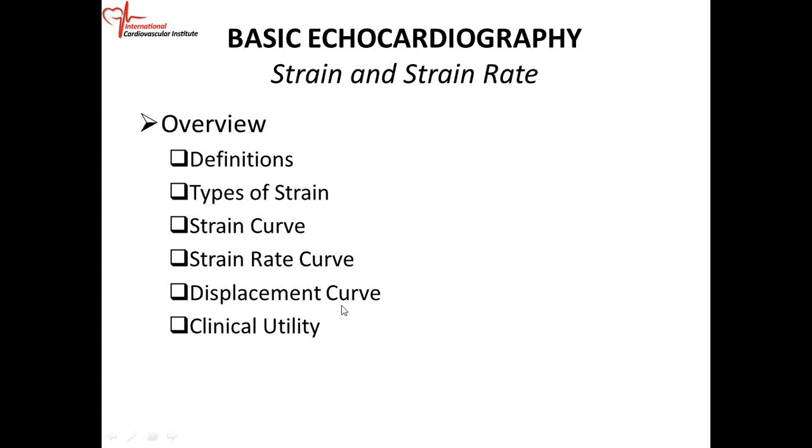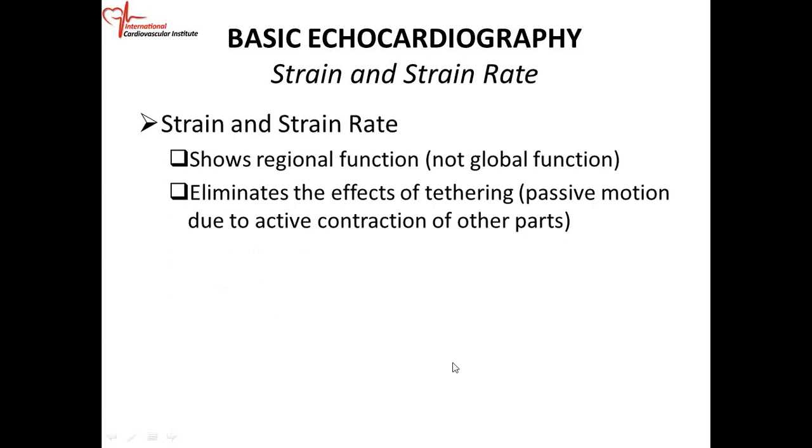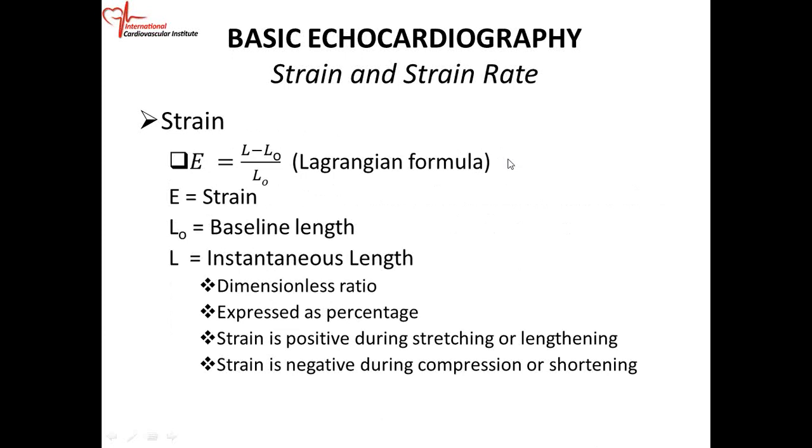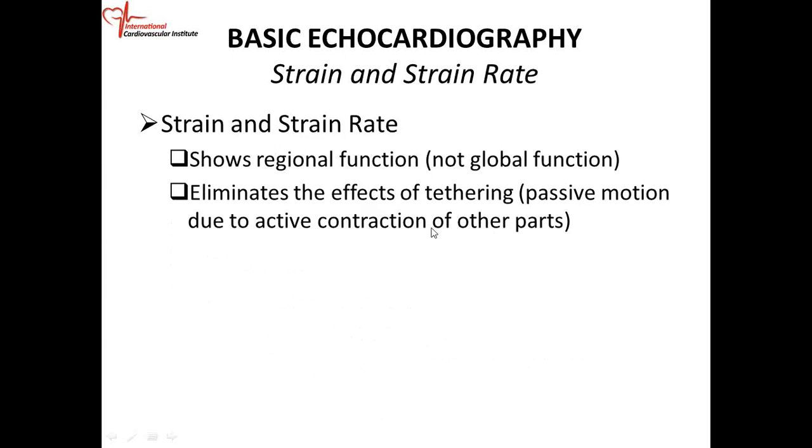So again, when we talk about strain and strain rate, it is to remove the question of normalcy, because if you have an abnormal segment, it can give you the appearance that it's normal by the phenomenon we call tethering.